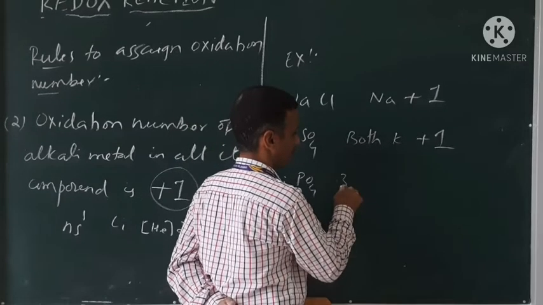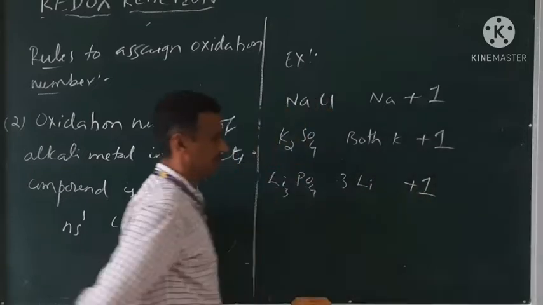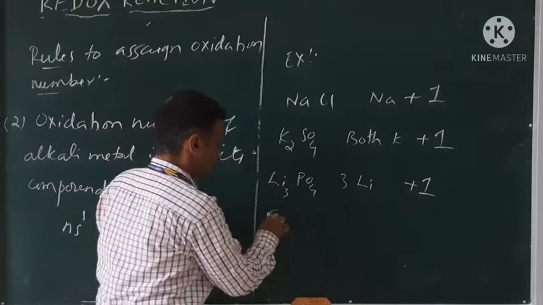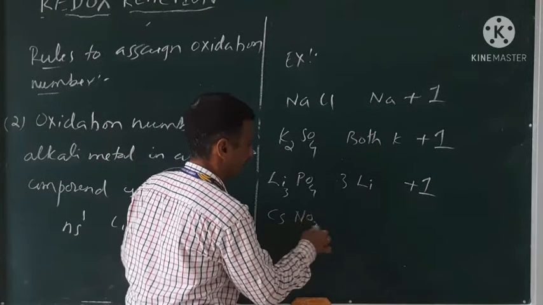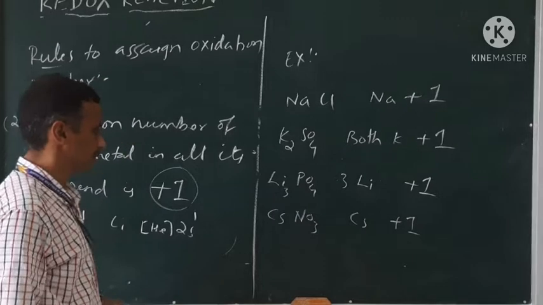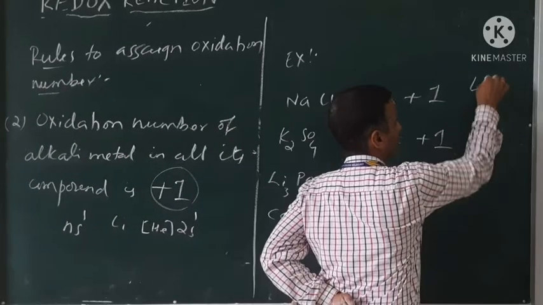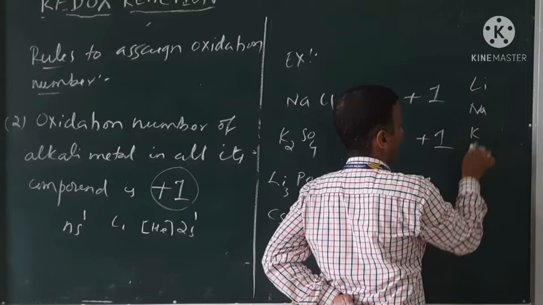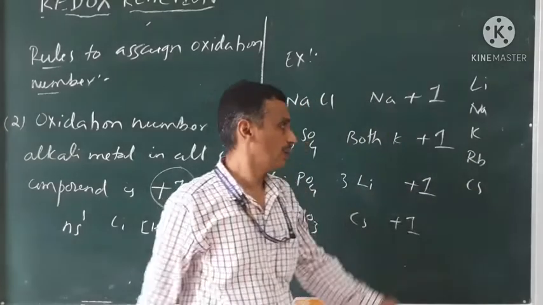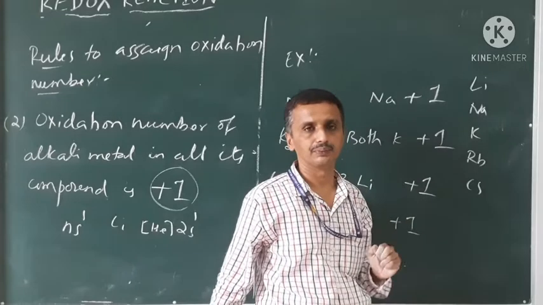All three lithium atoms are in the +1 state only. Cesium nitrate. Again, cesium is in the +1 state only. So whenever lithium, sodium, potassium, rubidium, cesium is present in a compound, you have to substitute the value as +1 only.